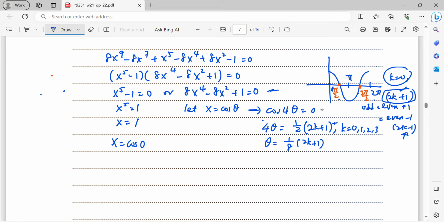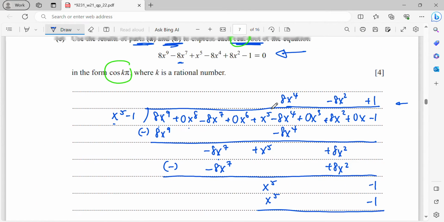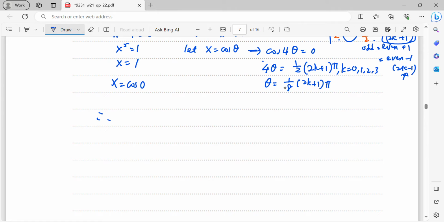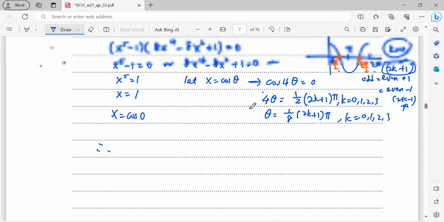Okay, I miss out the pi, because you have 1 pi over 2, 1 pi over 2, 3 pi over 2, and so on. So here you have another pi. Alright, so from here, now, final answer is cos k pi. Okay, so again, here the k equals to 0, 1, 2, 3.